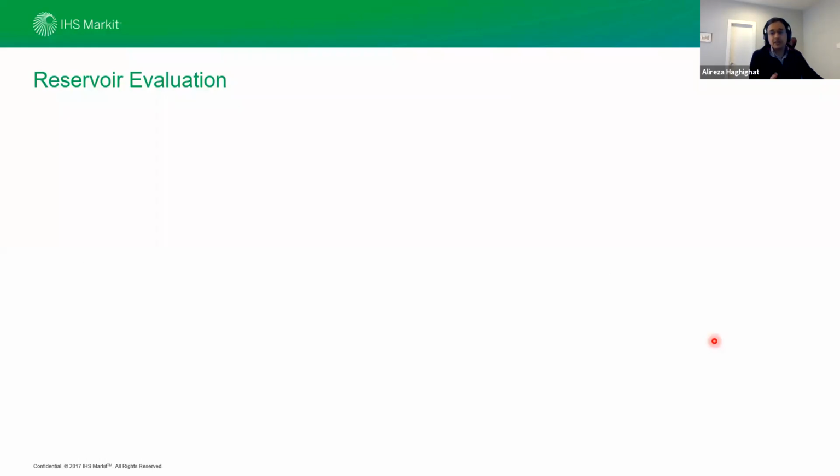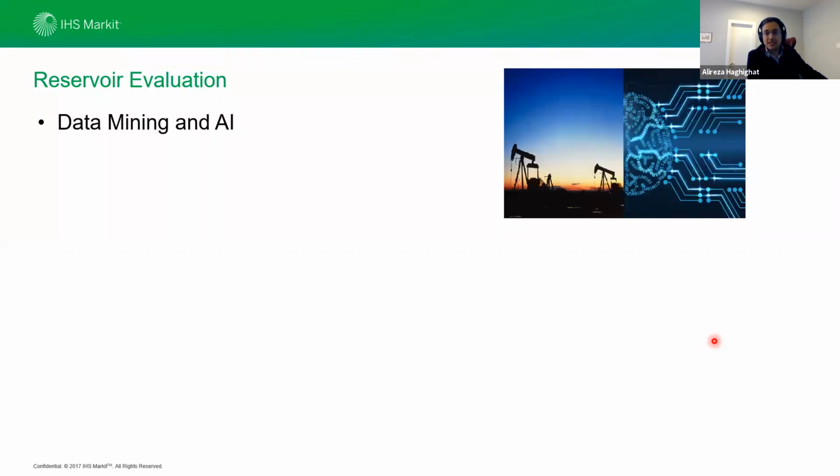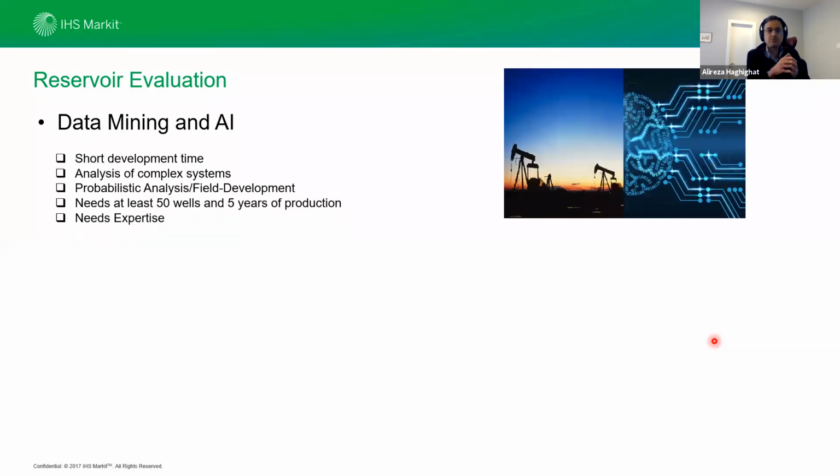So let's see what other technique people can use nowadays in the oil and gas industry to perform asset evaluation. Nowadays, you see data mining, artificial intelligence, and machine learning gaining a lot of popularity in the oil and gas industry. So you can utilize the power of machine learning and artificial intelligence to evaluate your asset.